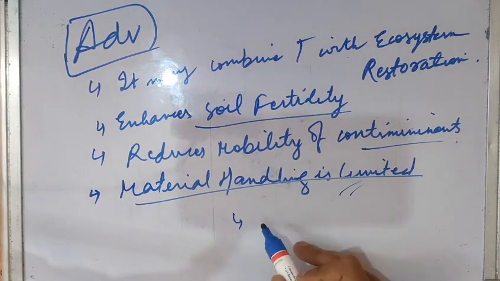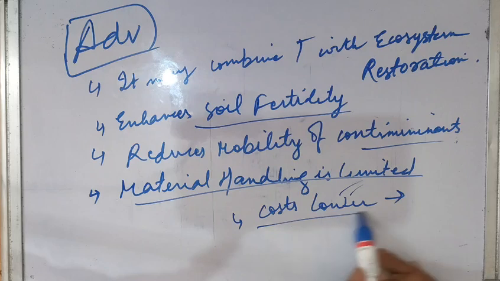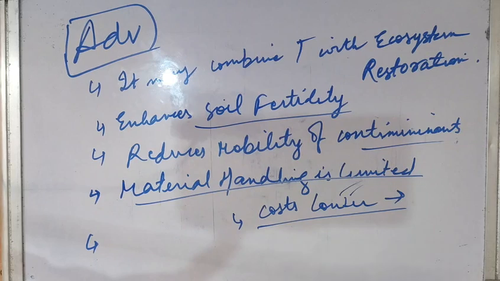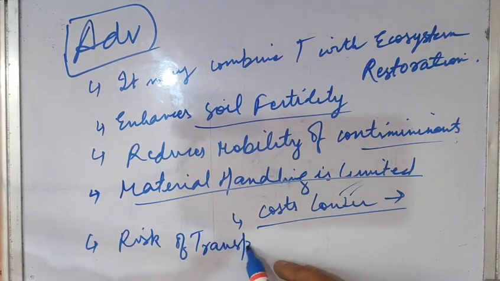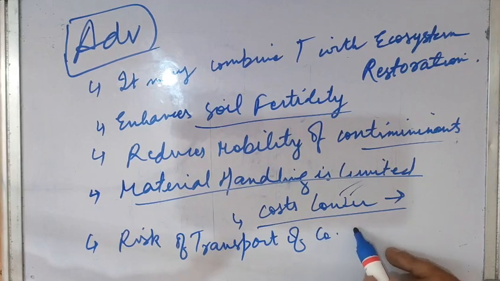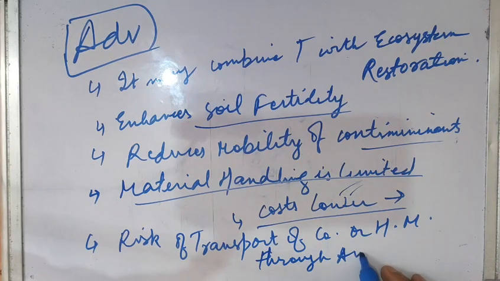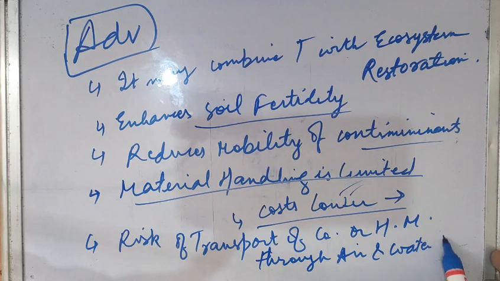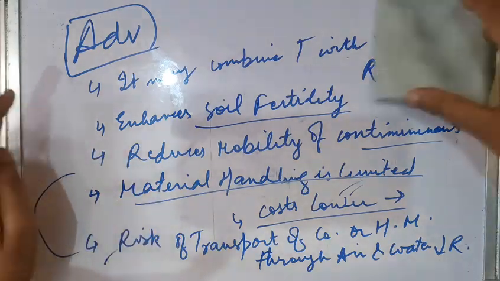So costs are lower compared to other methods of removing contaminants from soil. And the risk of transport of contaminants or harmful materials through air and water is highly reduced as the mobility is reduced. So this was all about phytostabilization.